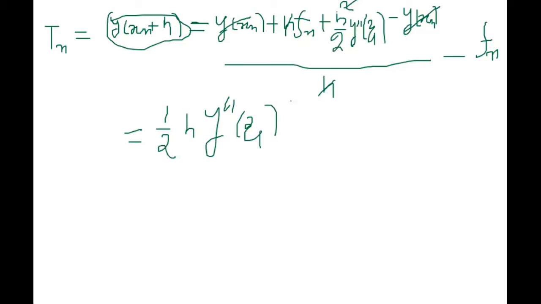So then we will have mod en is less than or equal to T by capital L into (1 plus hL) power n minus 1, plus (1 plus hL) power n mod e0.